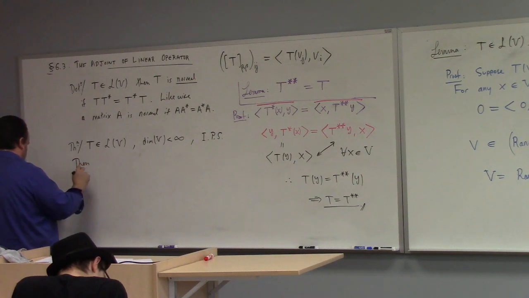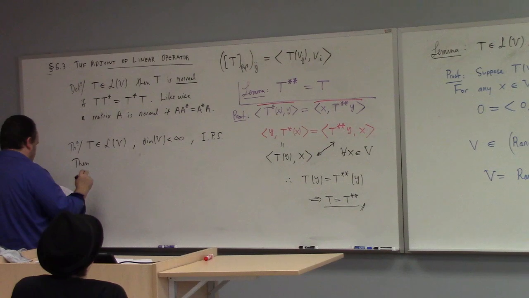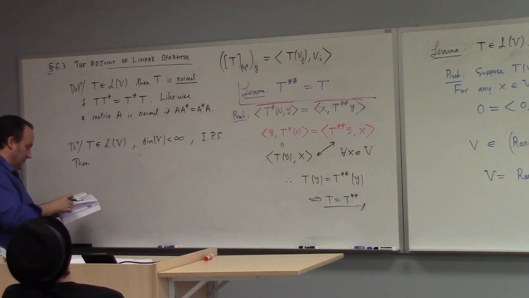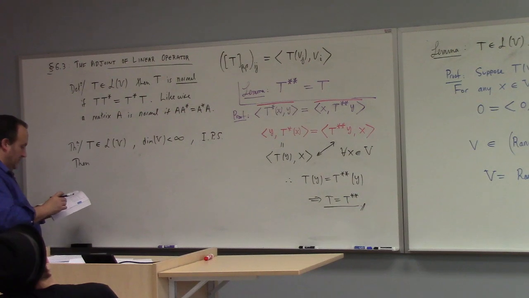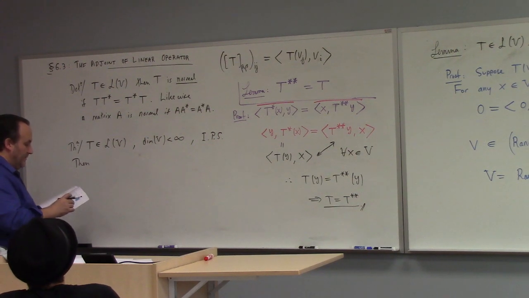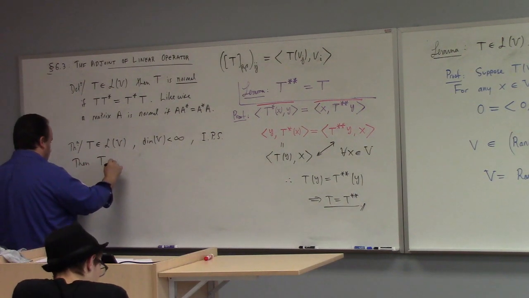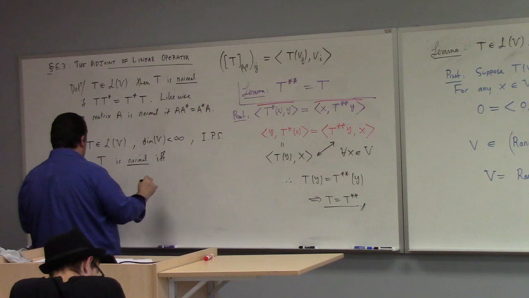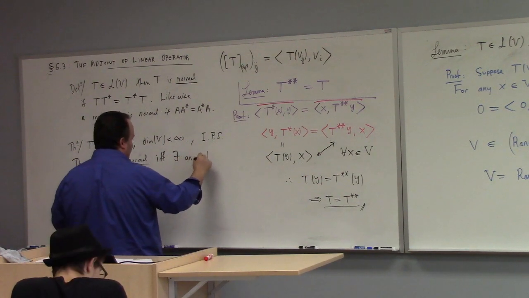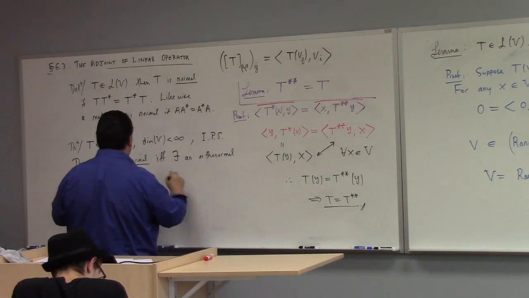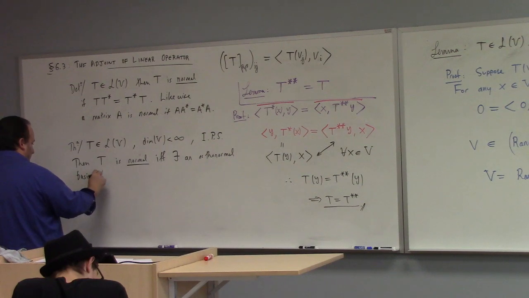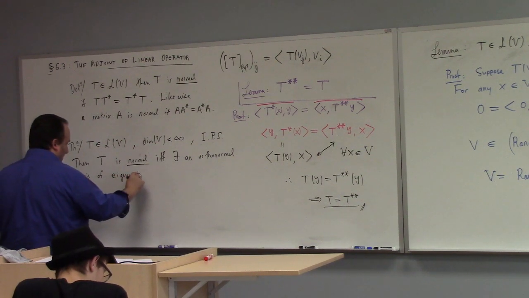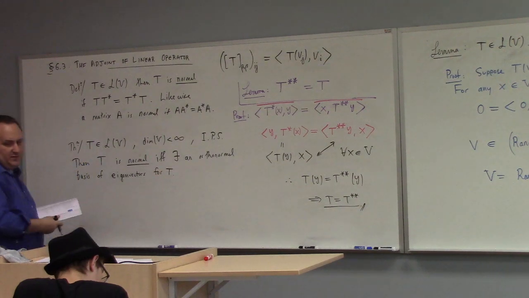Then T is normal if and only if there exists an orthonormal basis of eigenvectors for T. This is the whole reason we're studying all this.